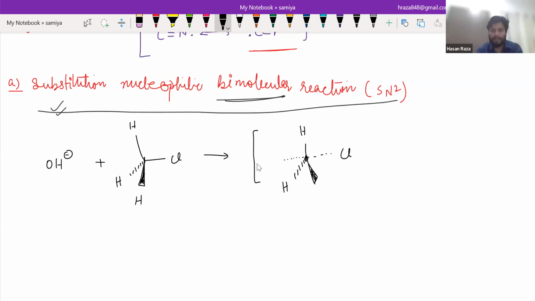At that time this OH minus will attack. This is the scenario of bond formation and bond breaking.